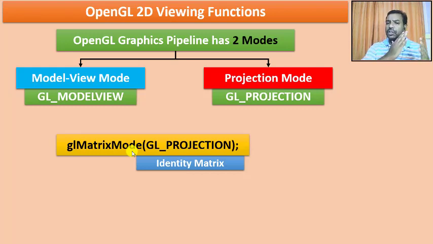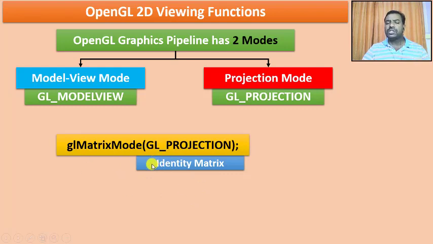If there is no identity matrix, then whatever old value the matrix has will be used with the new value I want to set. And if that happens, then you may not obtain the actual view that you have designed or planned for. Hence, once I shift to the projection mode, you need to make sure you have an identity matrix.